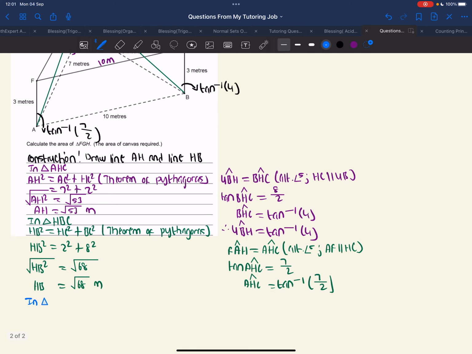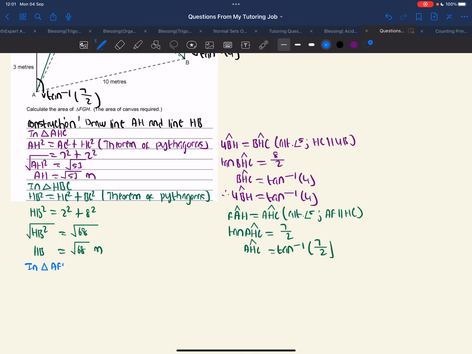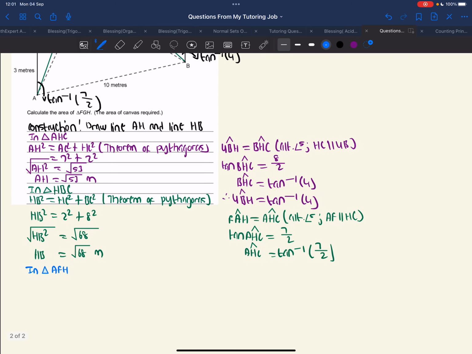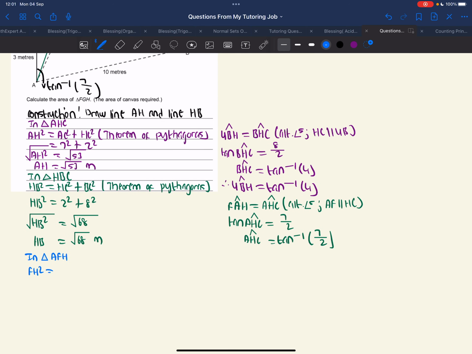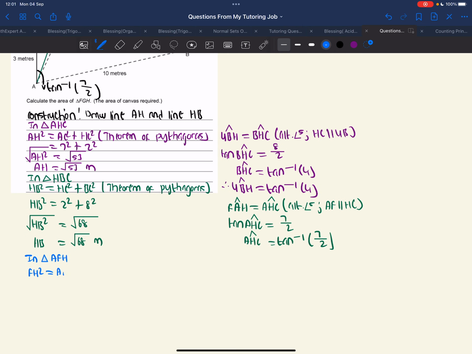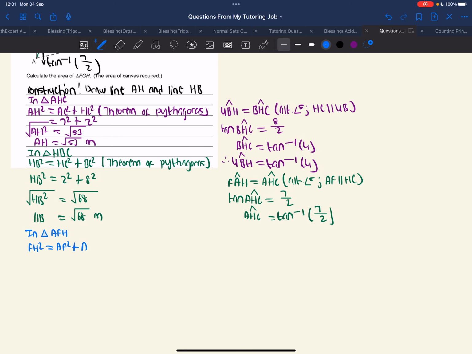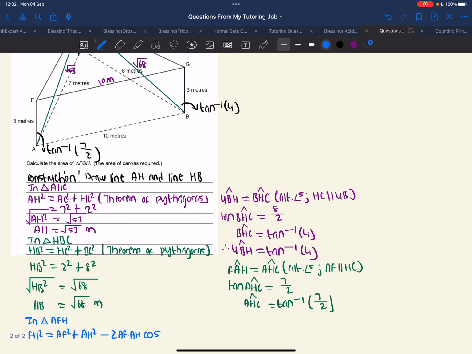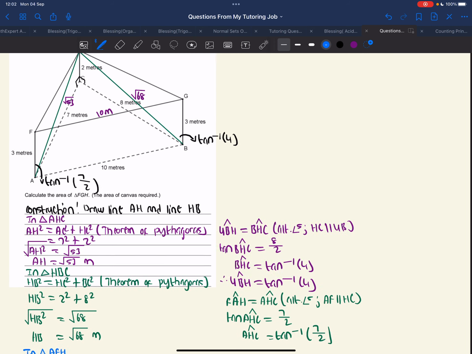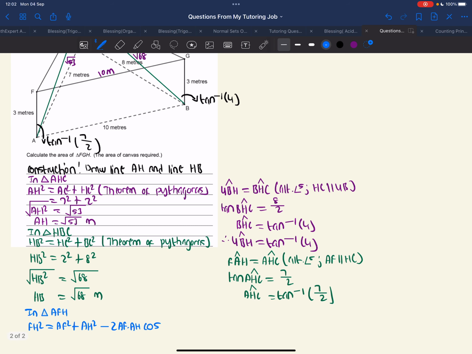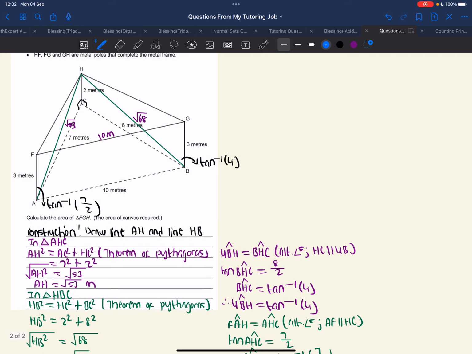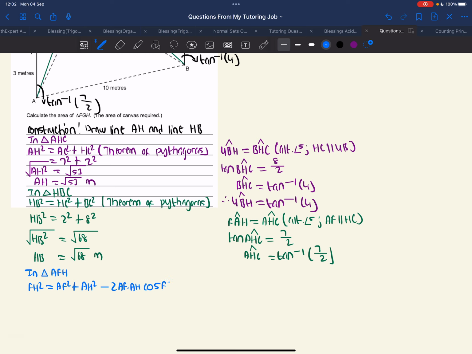In triangle AFH, to find the side FH, FH squared is equal to AF squared plus AH squared minus 2 times AF times AH times cos of angle FAH.